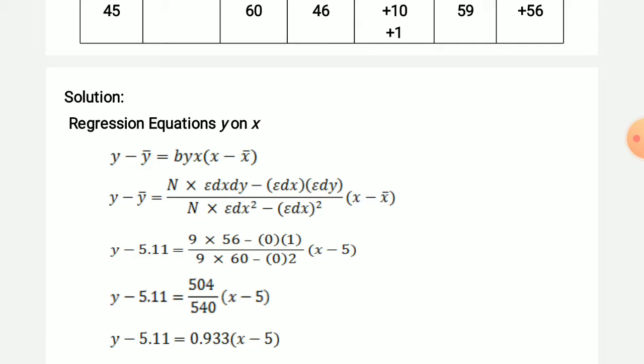Now y minus 5.11 is equal to 9 into 56, 504, minus 0 will be the same 504, divided by 9 into 60, 540, minus 0 means the same 540, into x minus 5.